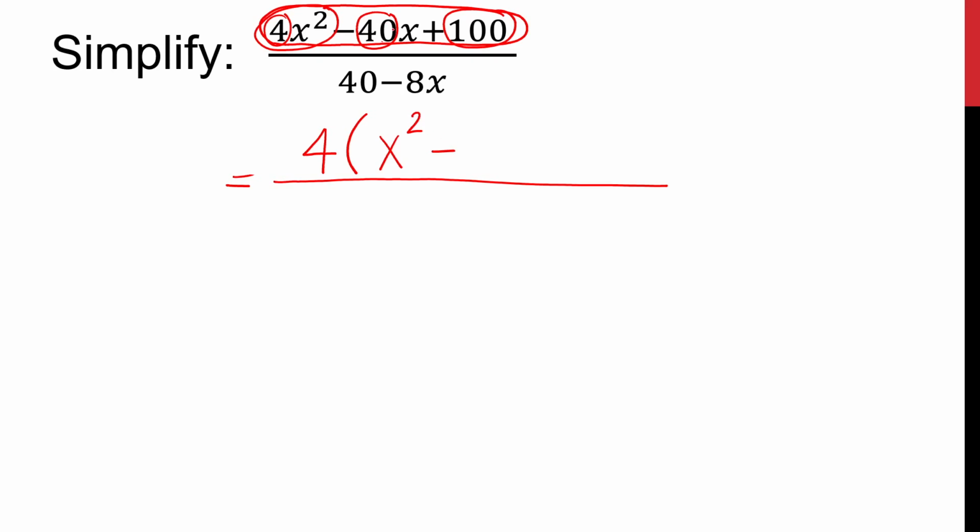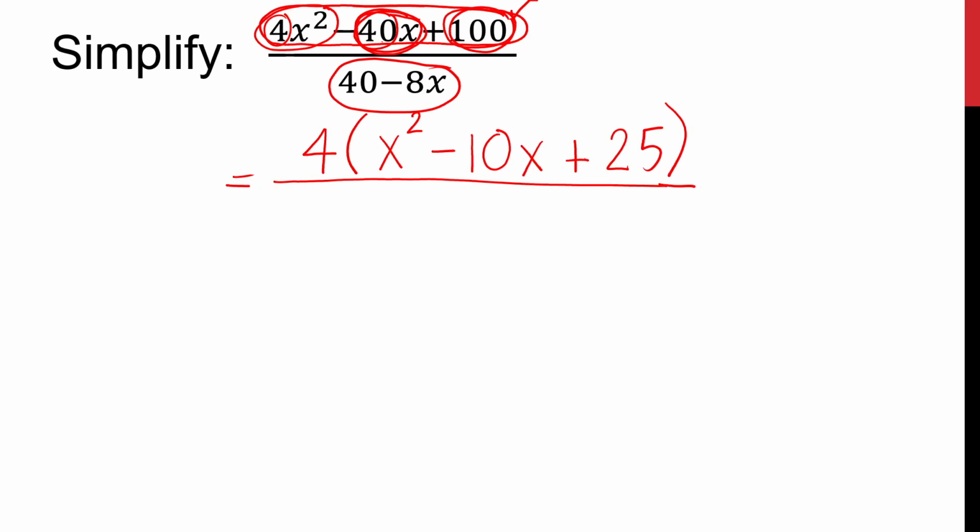Minus 40x divided by 4 is how much? Negative 10x. Very good. Plus 100 divided by 4 is how much? 25. Okay, let's go to the denominator.